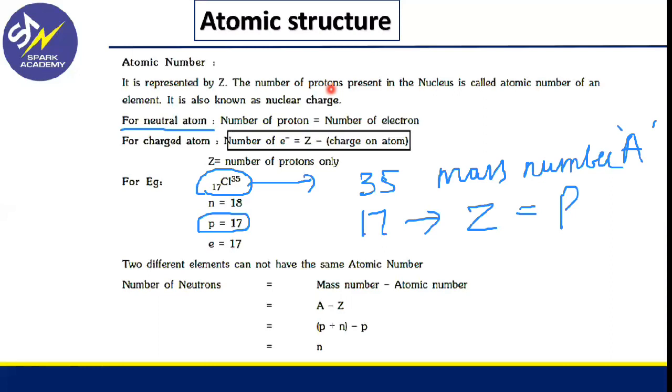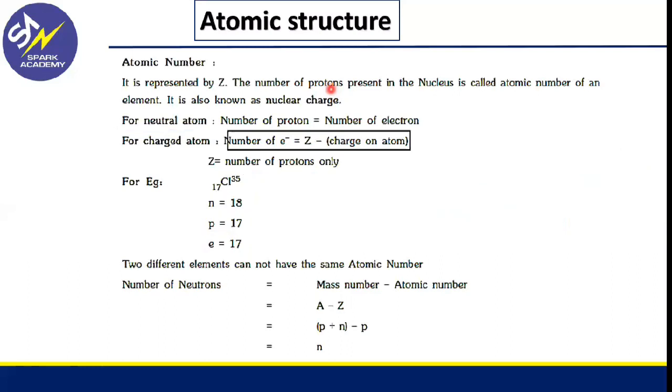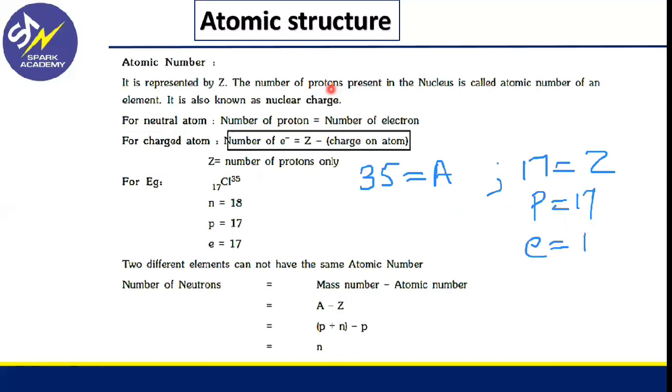Now this is neutral. There is no charge on chlorine, isn't it? So the number of protons is equal to the number of electrons, and electrons will also be 17. So 35 is the mass number, 17 is the atomic number, the number of protons is 17, and the number of electrons is also 17.